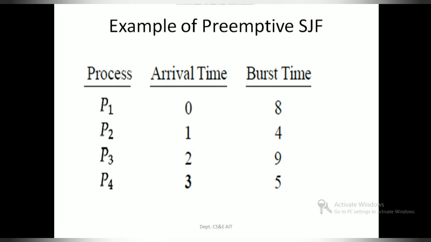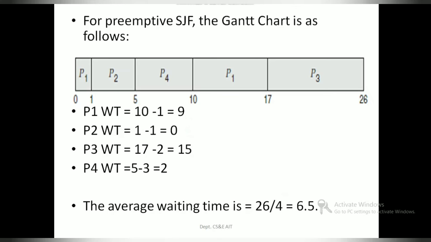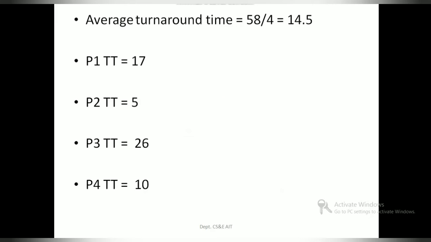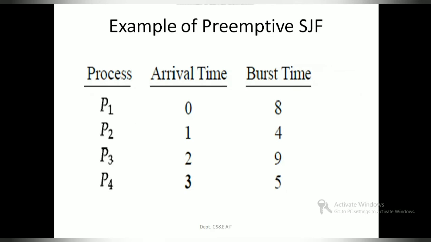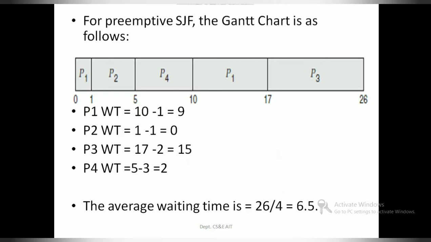It is not going to preempt because P2 has a smaller burst time. So P2 shall continue until the completion of its burst time. Eventually with P4, again, compared to P2, P2 holds a smaller burst time, so P2 is allowed to complete it.